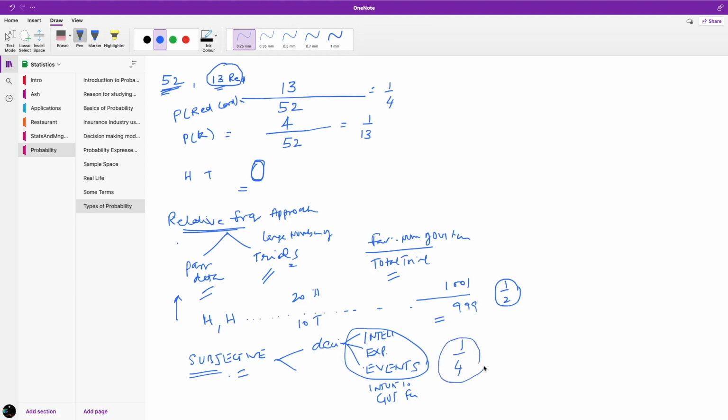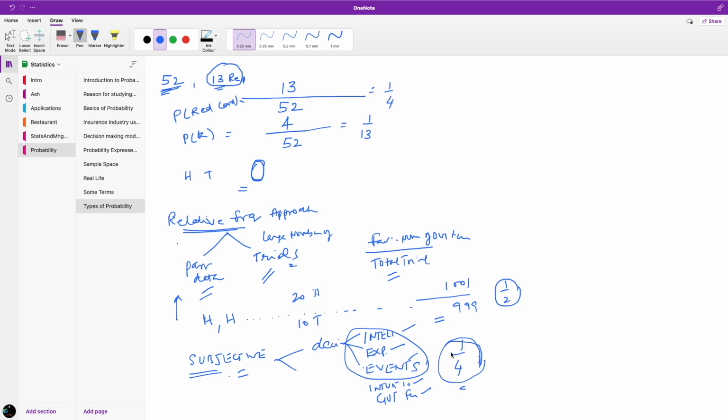This approach, where a person tells a probability based on his intelligence, experience, events, intuition, and gut feeling, is called the subjective approach. Subjective probability is defined as the probability assigned to an event by an individual based on whatever evidence is available.